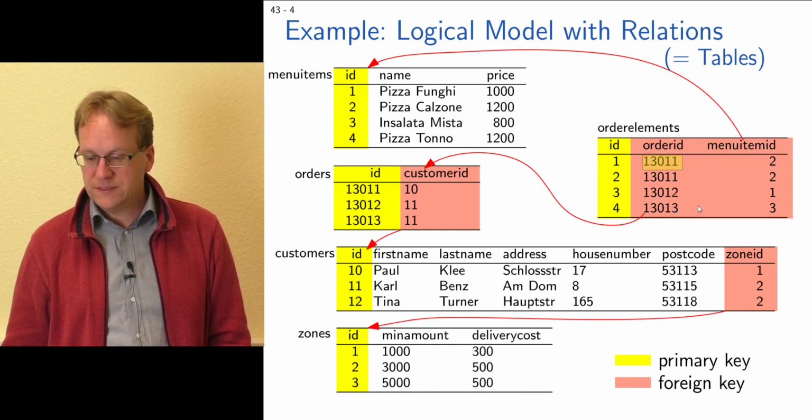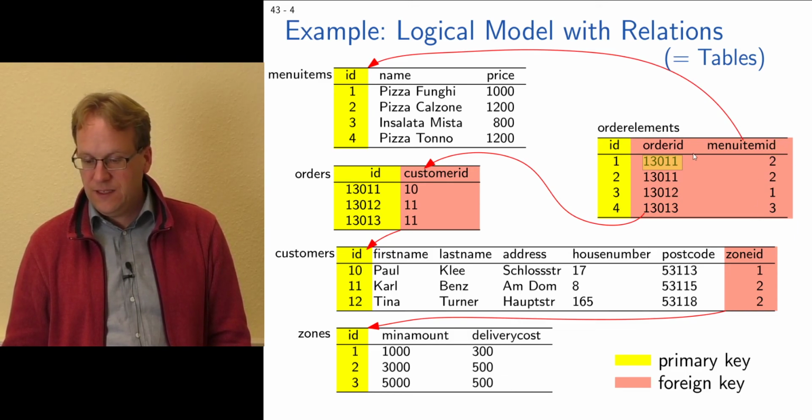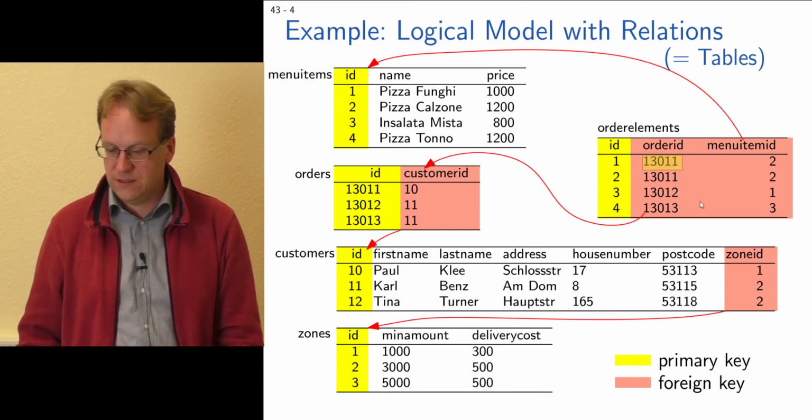And that would be the result. I would have then 3 rows as output, namely 2, 1, and 3 in the menu item column. That is what I used for grouping. And the order ID, as it's written here, 13011, 13012, and 13013.